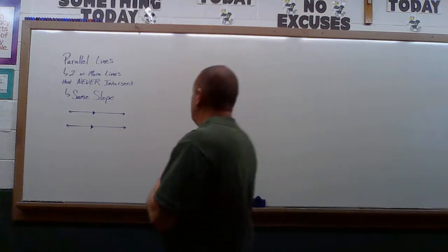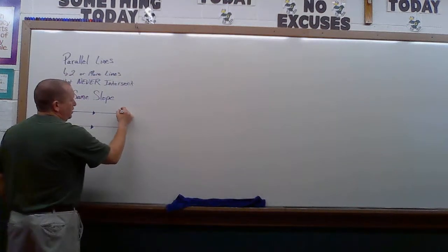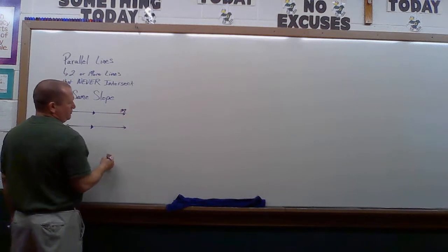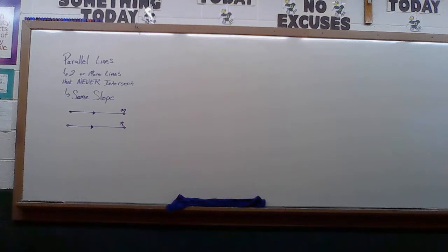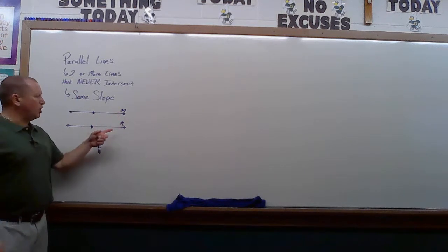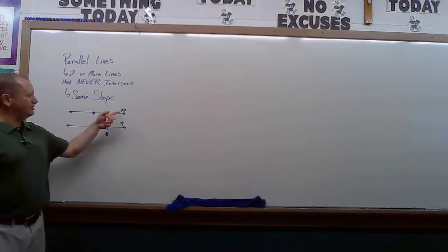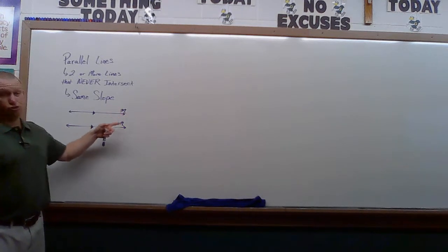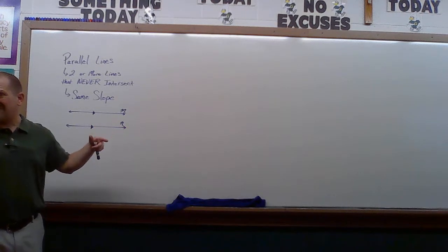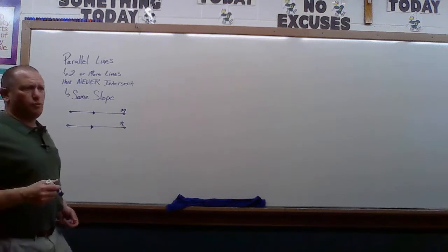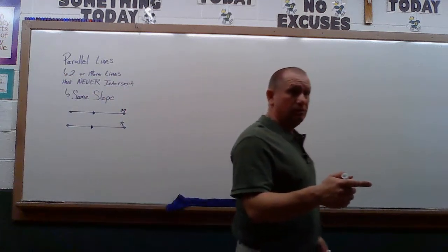So basically, I would call this line M and line N. When you call a line by one letter, these are called script letters, which are just italicized letters or cursive. So, what's the symbol for parallel?